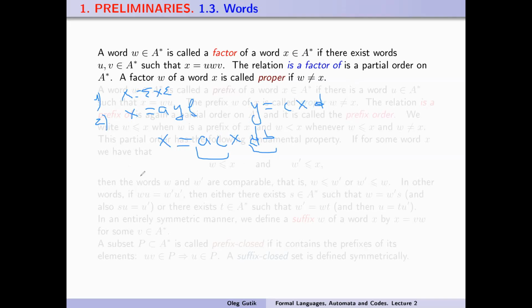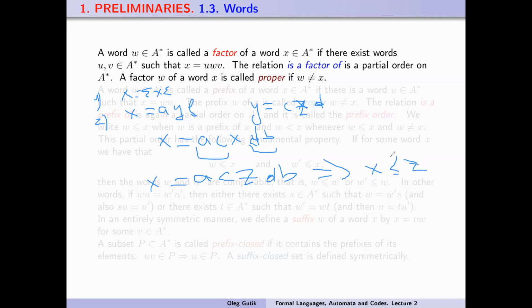And of course, if x is equal a y b and y is equal c z d for some x, y, and z from the free monoid, then we get that x is equal a c z d b, which implies that x is less or equal to z.